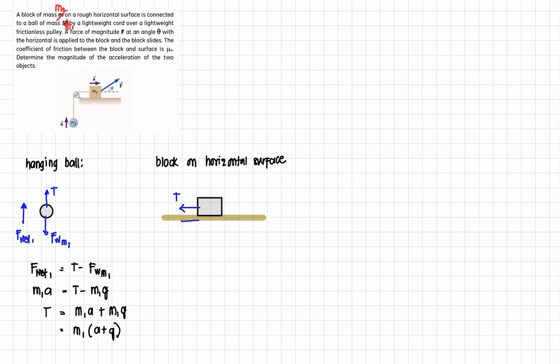There's also a frictional force, Fk, directed towards the left. And then we have this applied force F, which makes an angle theta with the horizontal, so it has a horizontal component F cosine theta, and a vertical component F sine theta.